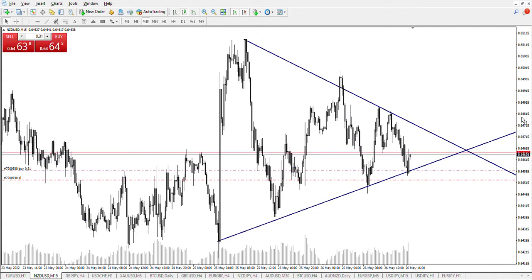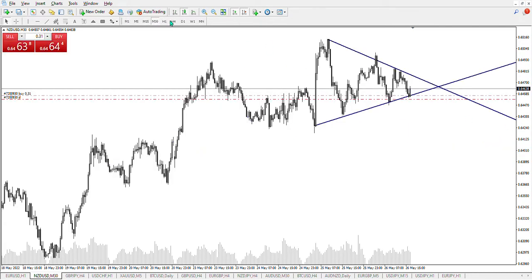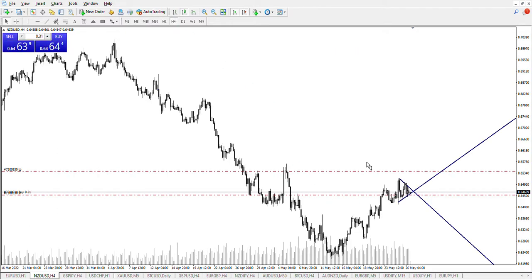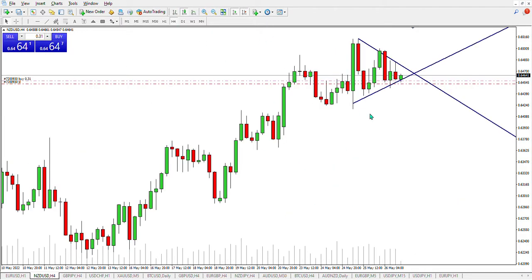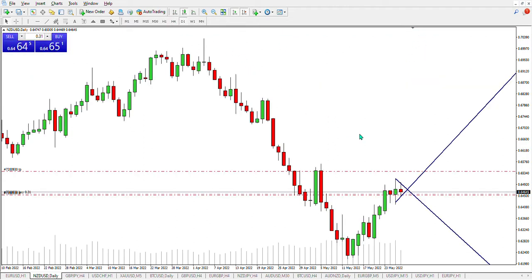And I want to show you a little bit backwards how the chart looks. So usually this pattern is a continuation, so it should usually go up. But if we go on the daily chart, you can see that there was a massive downtrend, then a correction, and now probably a new downtrend can start forming.